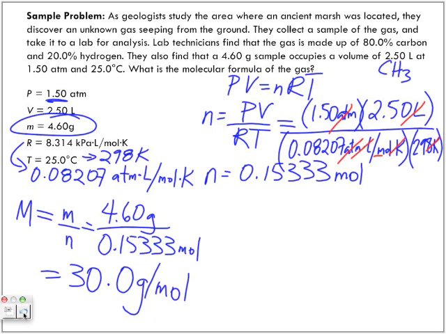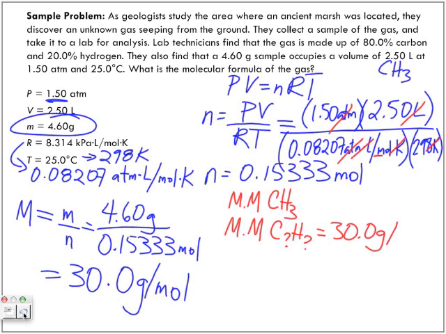Now what we want to do is find the actual ratio between this molar mass and the molar mass of our empirical formula. So we want to find the molar mass of CH3, but we've got the molar mass of the actual molecular formula of this gas, which is 30.0 grams per mole.